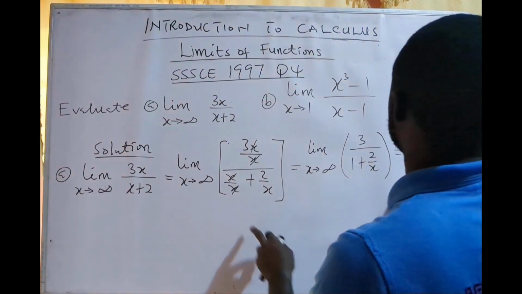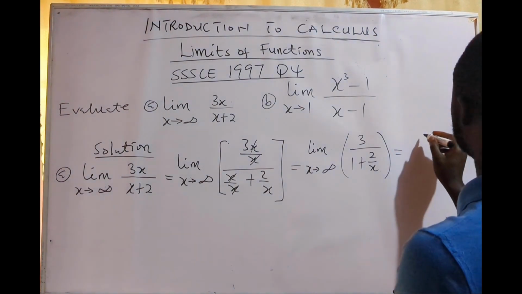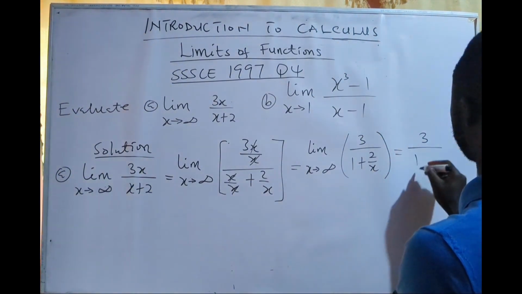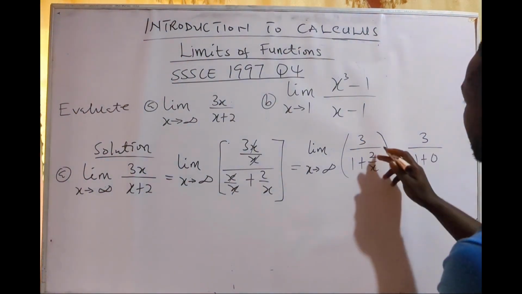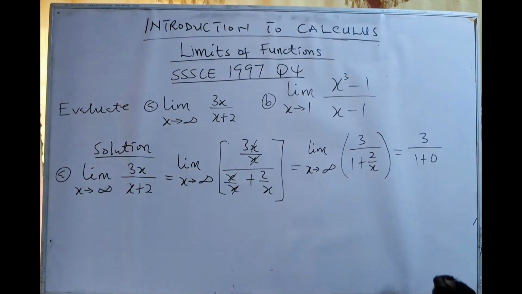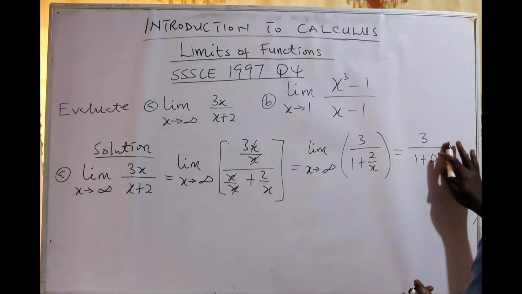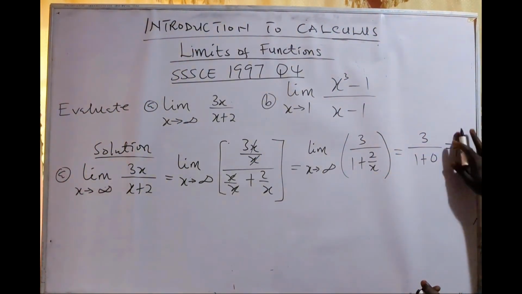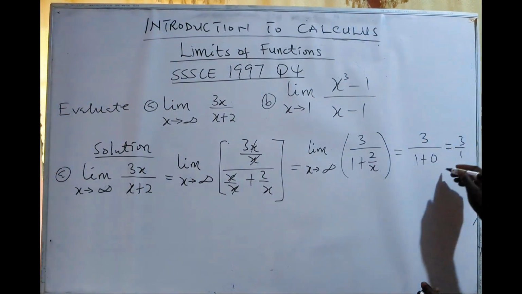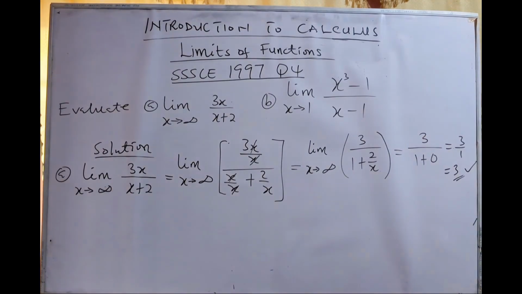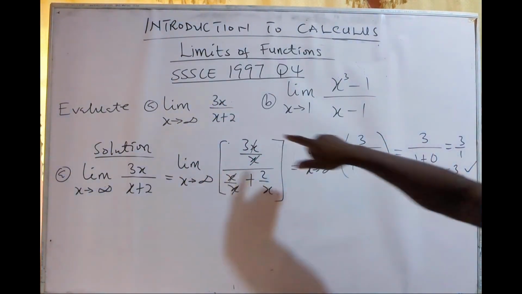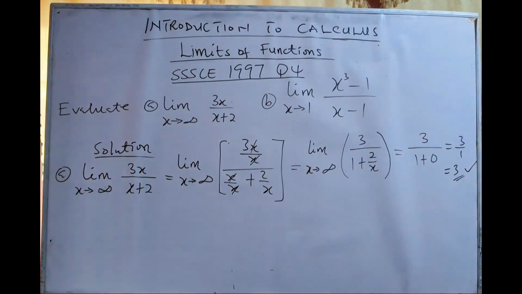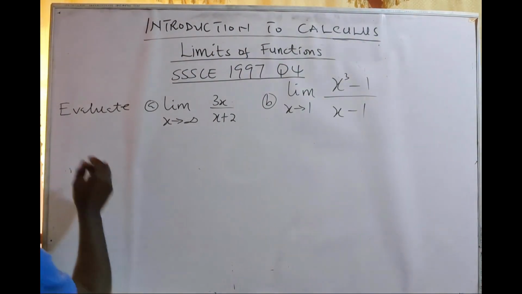So this will give me 3 over 1 plus 0, because the denominator is infinity, so 2 over x will be 0. So we have 3 over 1, and that will give me 3. So the limit as x approaches infinity of this particular function is 3.